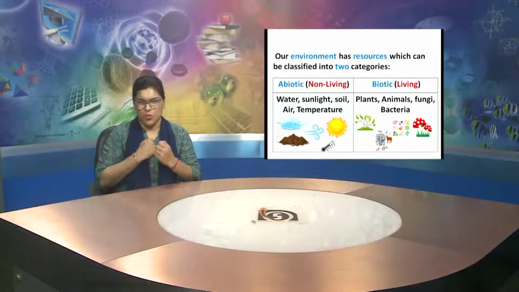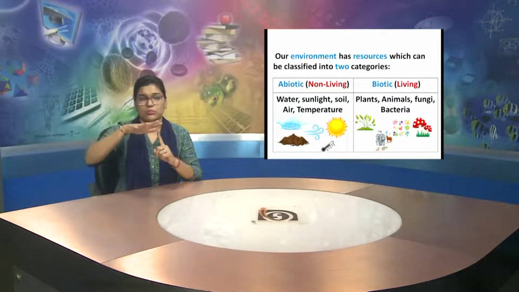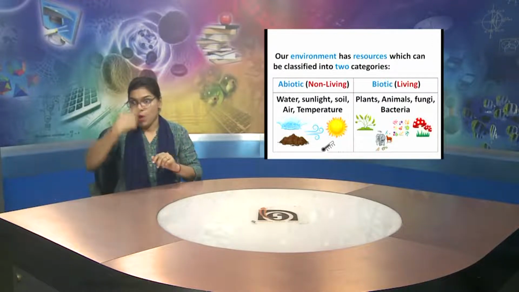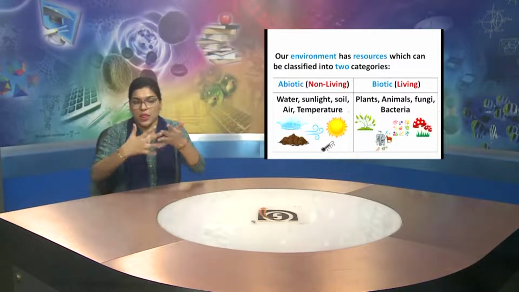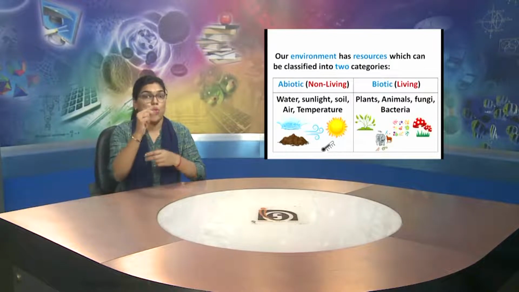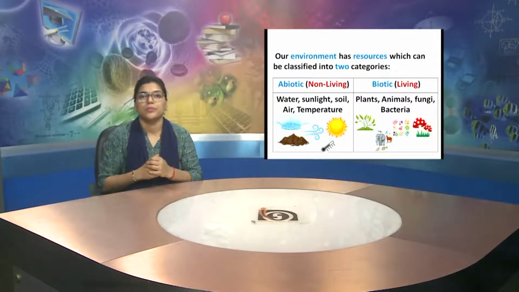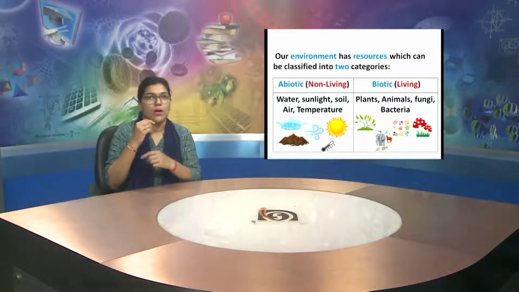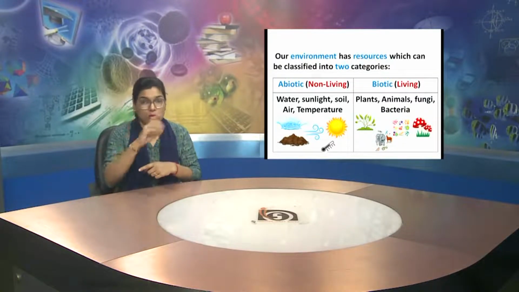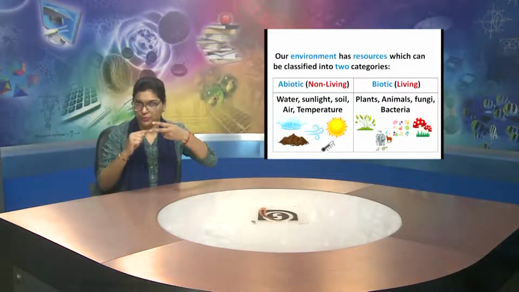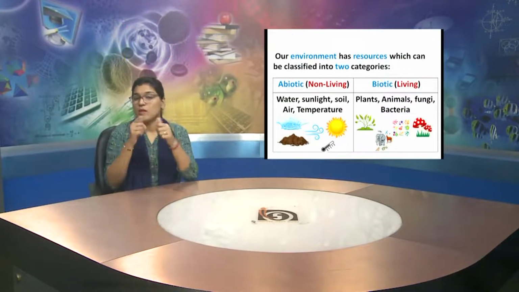Now let us begin our lesson. As you can see on the screen, there are different kinds of resources available in the environment, and those resources can be categorized in two categories. The first one is abiotic and the other one is biotic.